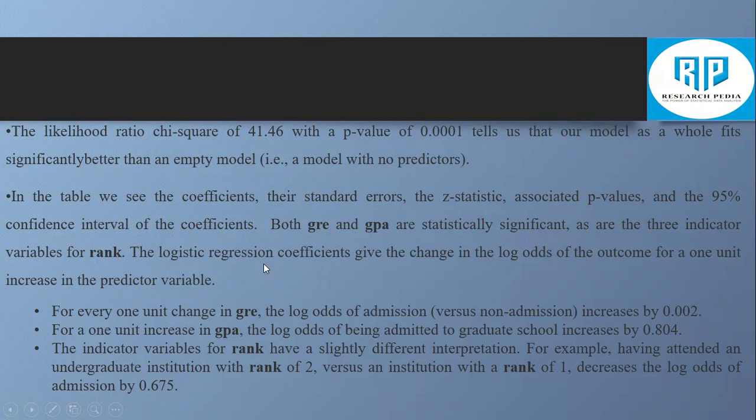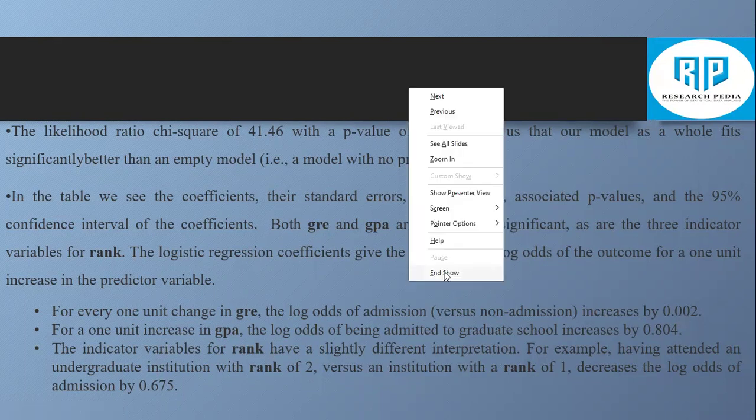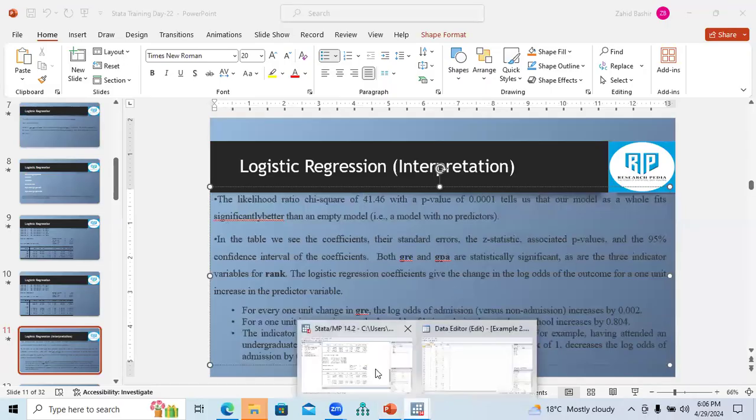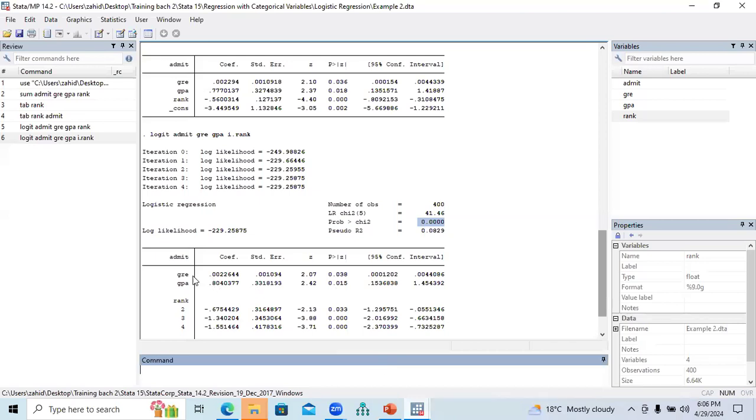The logistic regression coefficient gives the change in the log odds of the outcome for a 1 unit increase in the predictor variable. So for every 1 unit change in GRE, the log odds of admission increase by 0.002. This is the coefficient value of GRE.